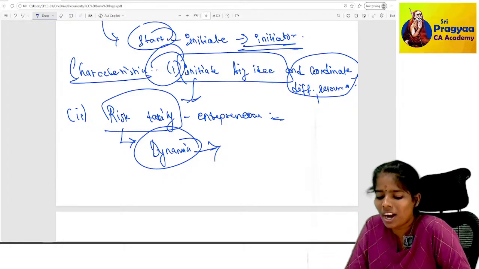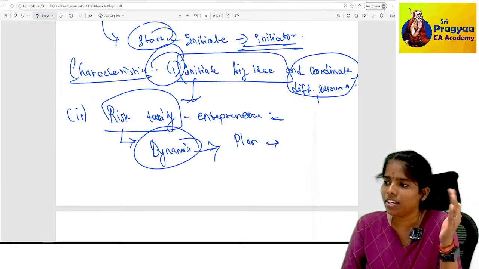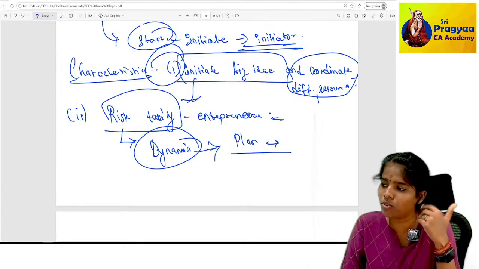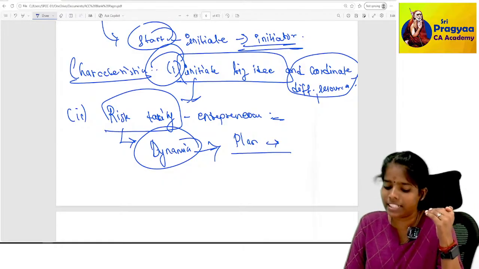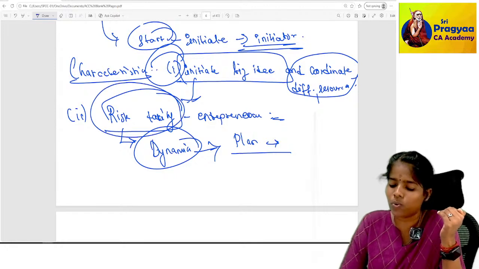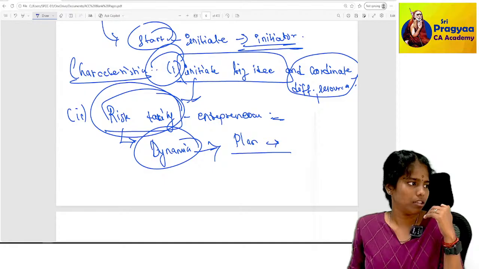No. So what I plan may fail due to external environment, due to the plans which are going outside my knowledge. So in that case, since economics is changing, risk taking is always only with the entrepreneur. Understood?